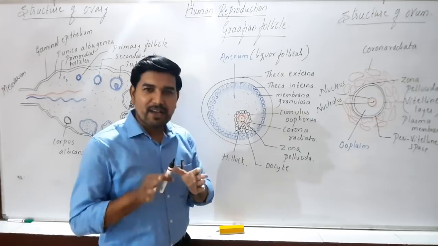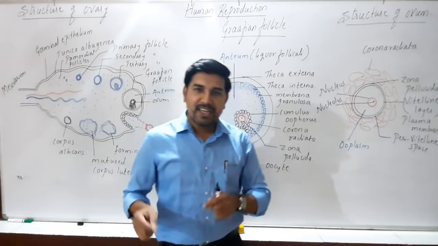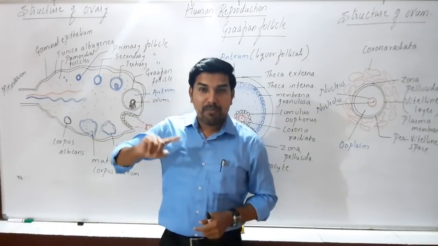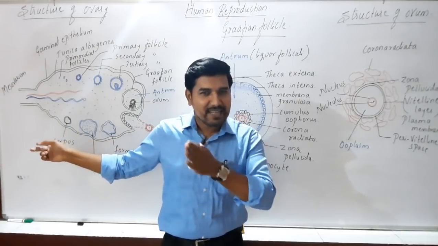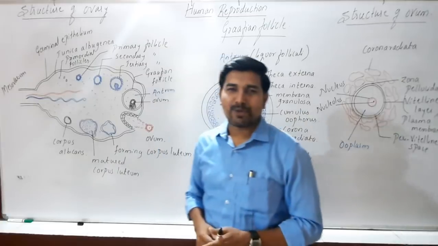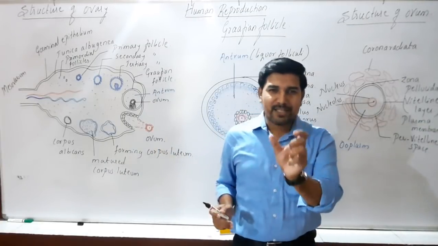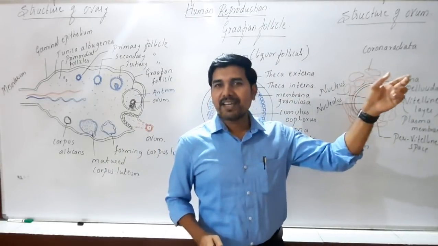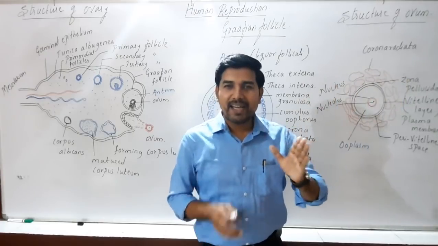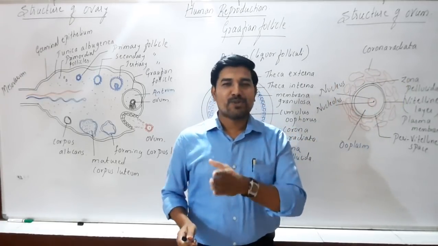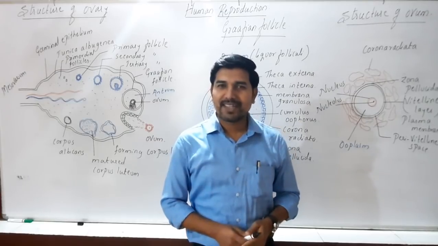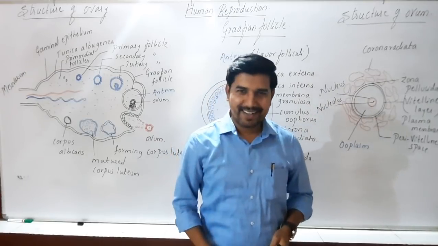The major point is that in the ovary, the ovum is produced in the matured follicle called the Graafian follicle, and is released by the process of ovulation. This ovum gets fertilized in the fallopian tube and then gets implanted to carry the pregnancy. The further developmental process will be continued in later classes. Thank you.